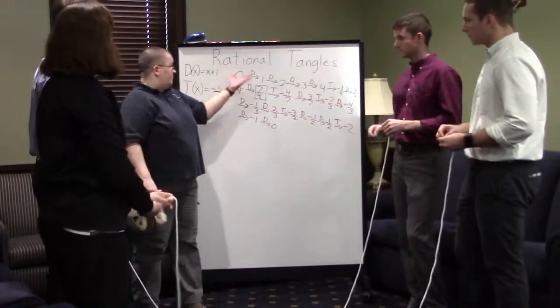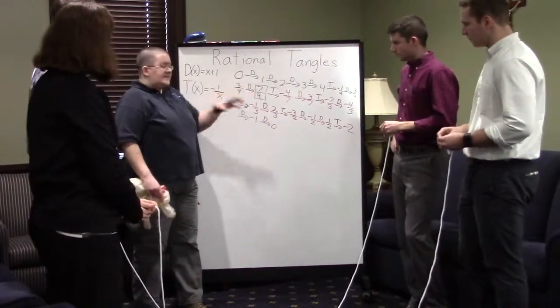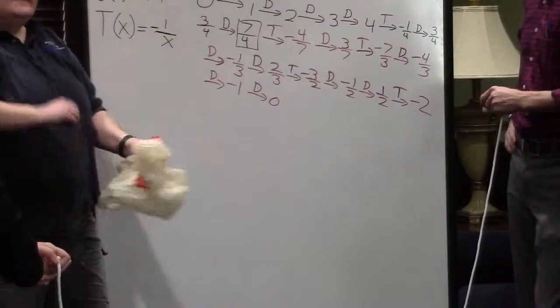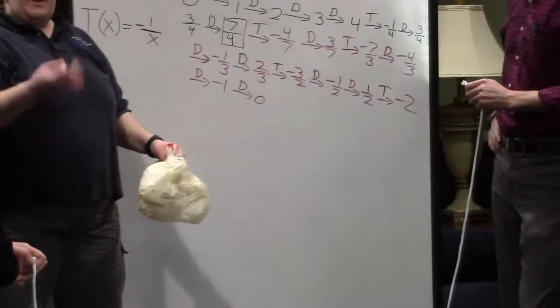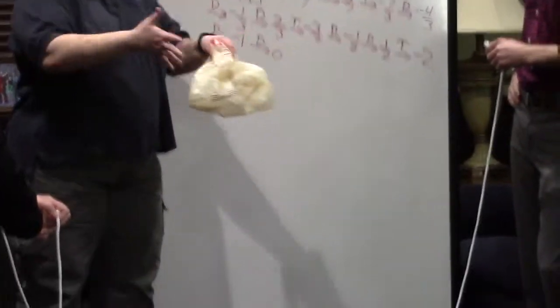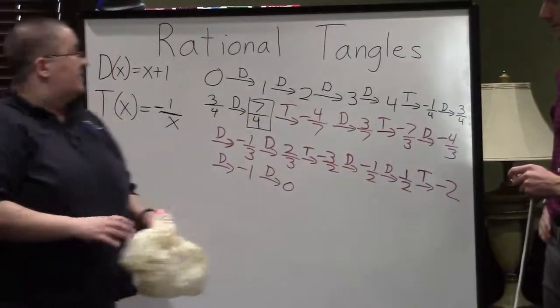It might be a little bit tricky, but they could get there. So 7/4 captures all the information that's in that tangle. That's a really good example of how mathematical modeling works. We try to describe something complicated in a simple way with numbers or with equations.